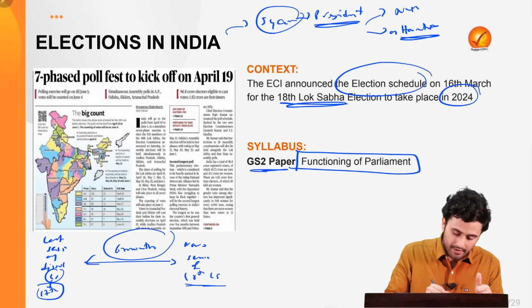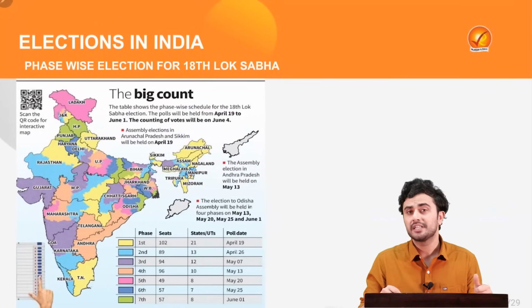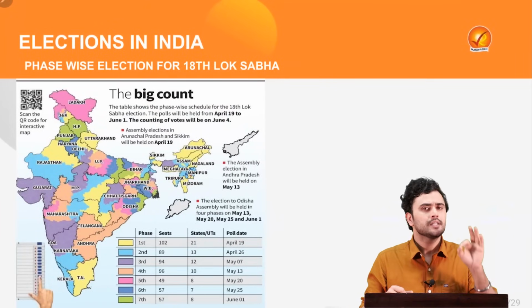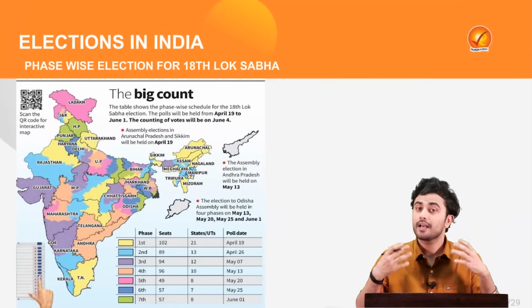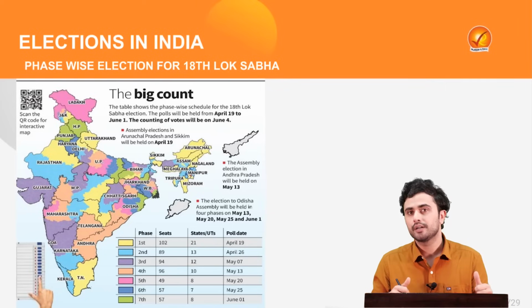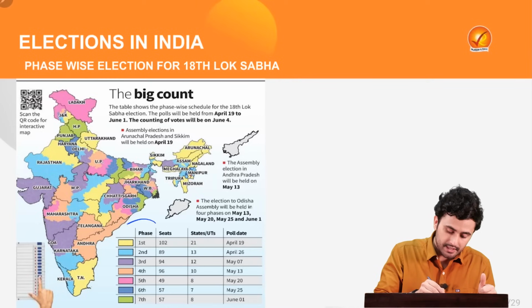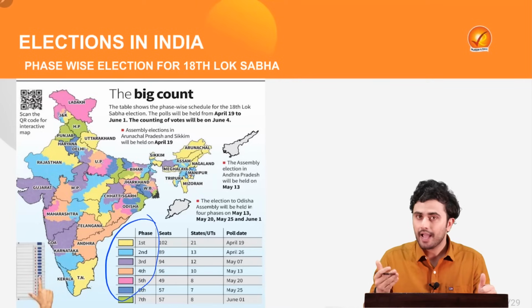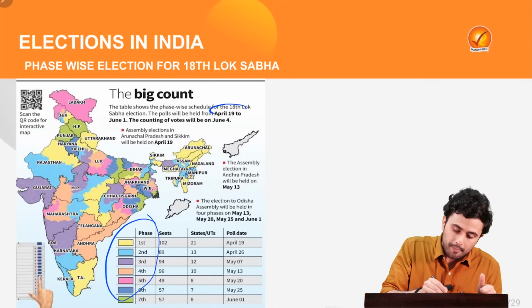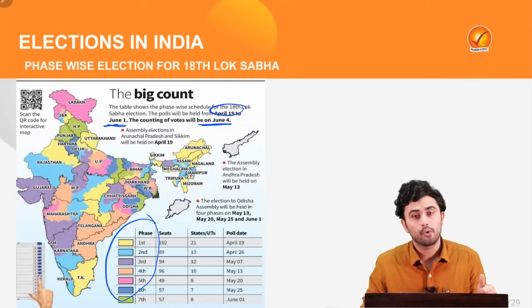Thus, as the 17th Lok Sabha has completed its 5-year term, the Election Commission of India has announced the election schedule for the 18th Lok Sabha election, which will take place in 7 phases and will be conducted from April 19th to June 1st. And the result will be declared on June 4.